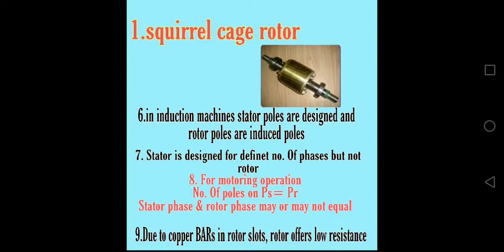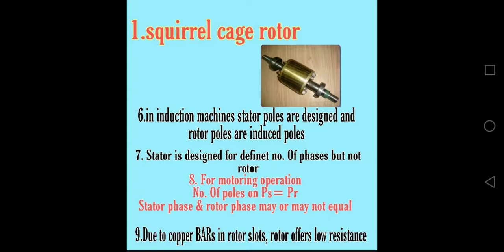Now coming to the sixth point, in an induction machine stator poles are designed and rotor poles are not designed. Again, in an induction machine stator poles are designed, and the rotor is not designed for some particular poles.